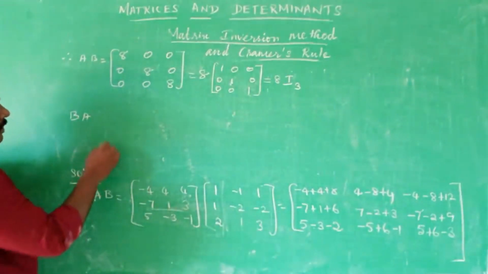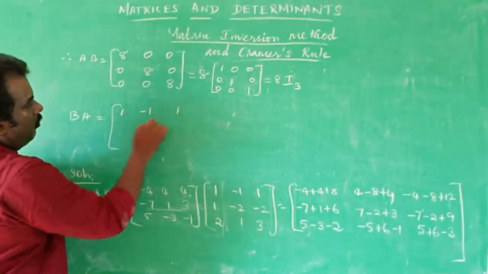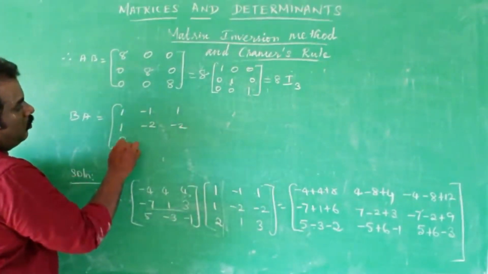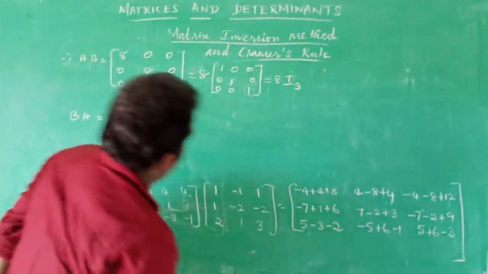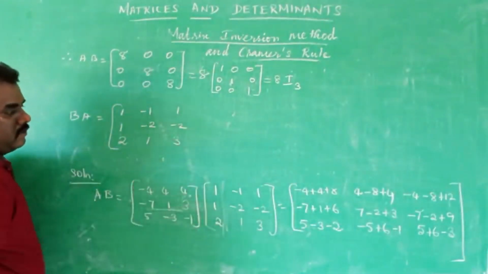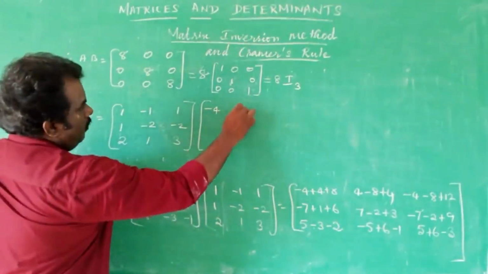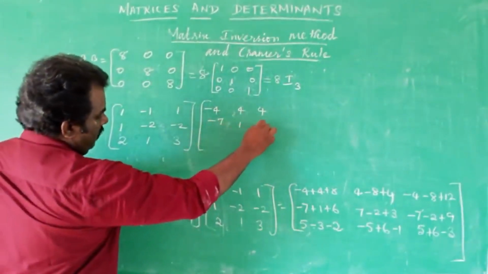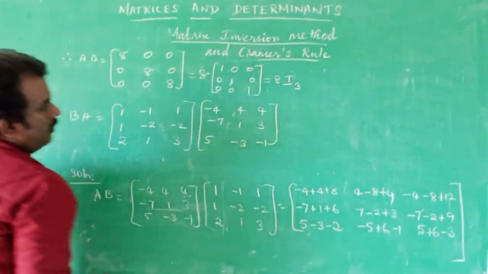Now we can go for BA. So write the B matrix first: 1, minus 1, 1, and next 1, minus 2, minus 2, 2, 1, 3. And A: minus 4, 4, 4, minus 7, 1, 3, then 5, minus 3, minus 1.